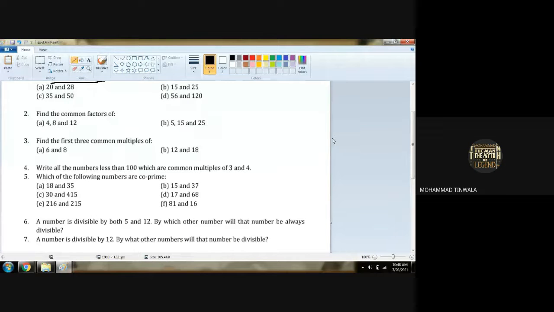Okay. So now, question number 3. Find the first three common multiples of 6 and 8.